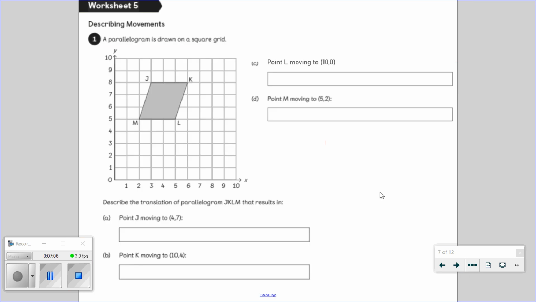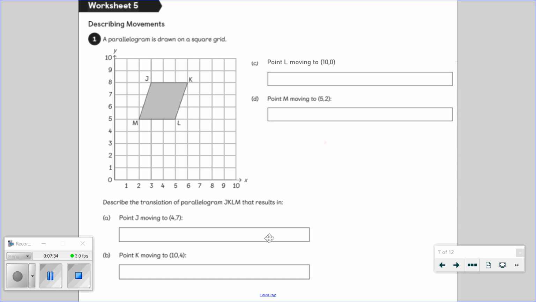So here is the worksheet, and we are describing movement, and we have a parallelogram drawn on a square grid, marked J, K, L and M. We need to describe the translation of the parallelogram that results in point J moving to coordinates 4, 7. So does it need to move upwards or downwards, to the left or to the right?